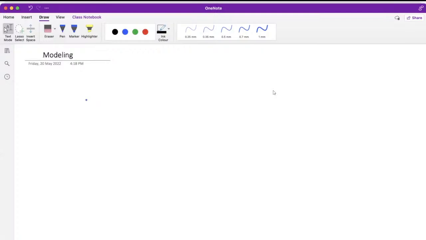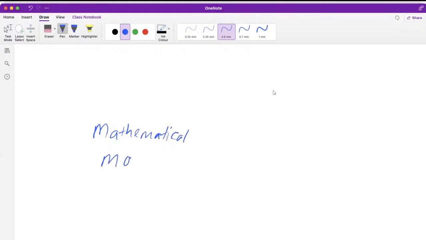When we have a mathematical model, it can have very diverging types and kinds.